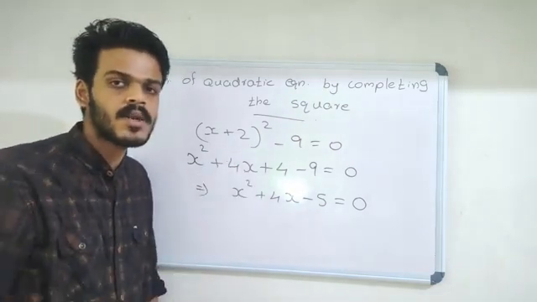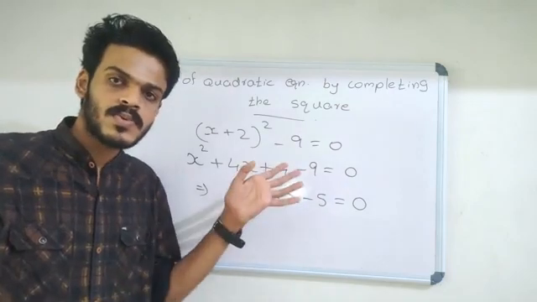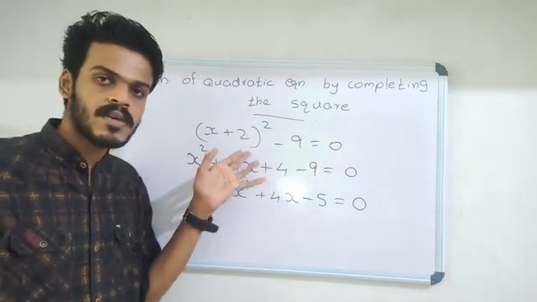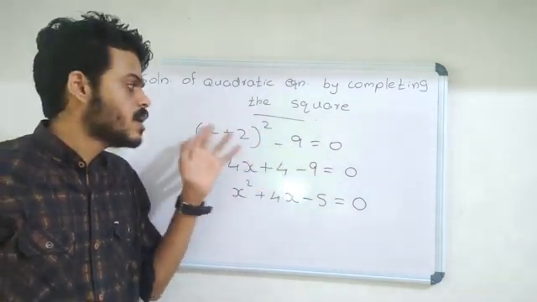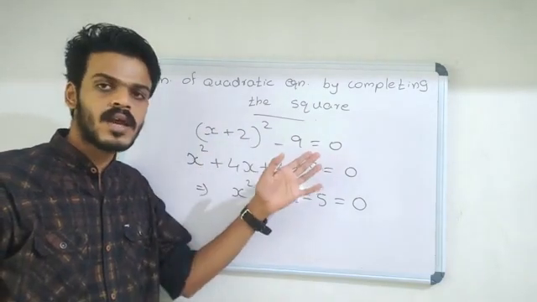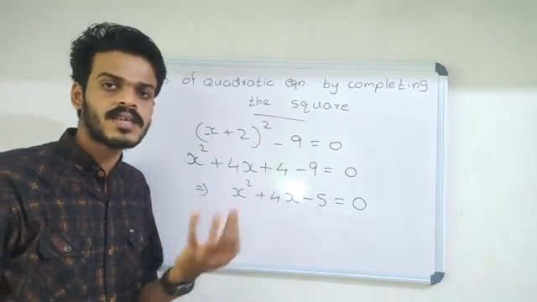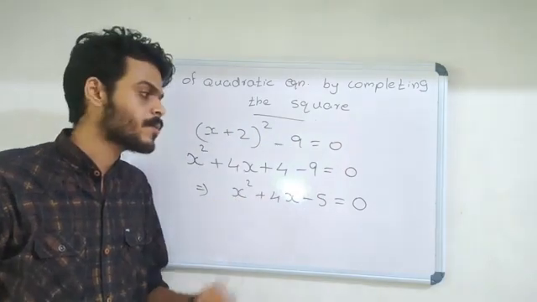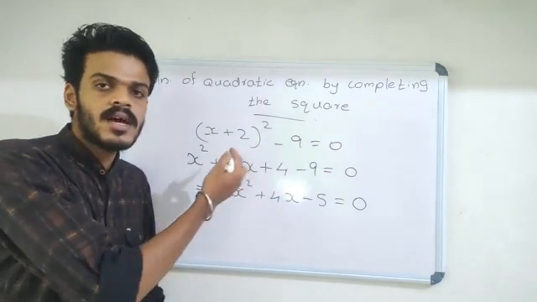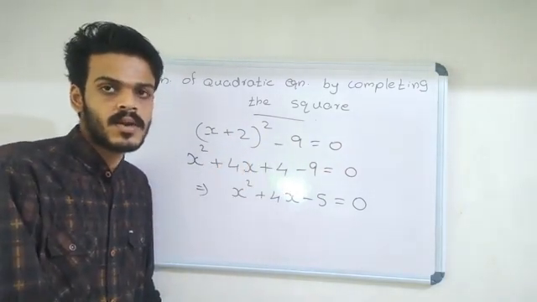But comparing to the first method that we did for the same question, where we had (x plus 2) whole square is equal to 9, from that we can find the value of x more easily. That is why that method is called completing the square.